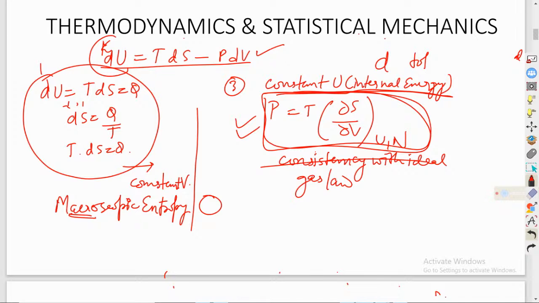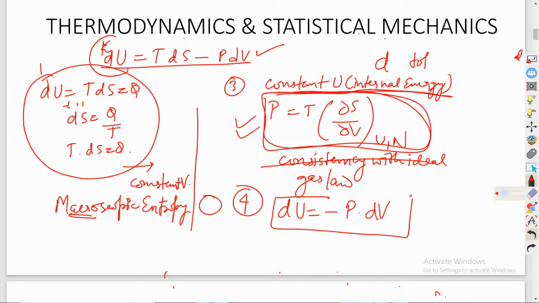Okay. Now, the second last equation is here. Fourth is dU equals minus P dV. It means that the internal energy change is of the order of negative P dV.